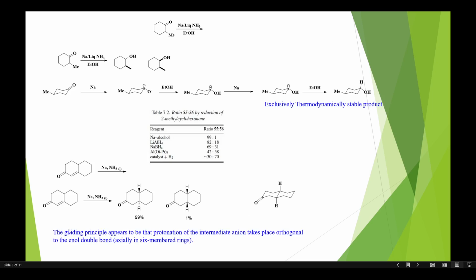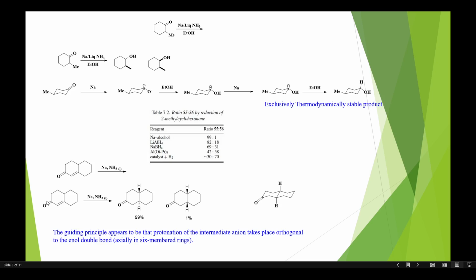The guiding principle is the protonation of the intermediate anion; the anion that forms has to be perpendicular, or orthogonal, because then you get less steric hindrance. That's our enol double bond: the ketone's enol double bond and the incoming hydrogen are orthogonal to each other. That's why we always get the trans product as the major product.